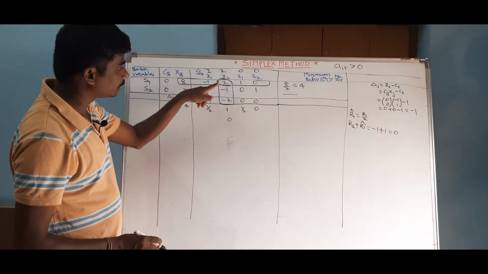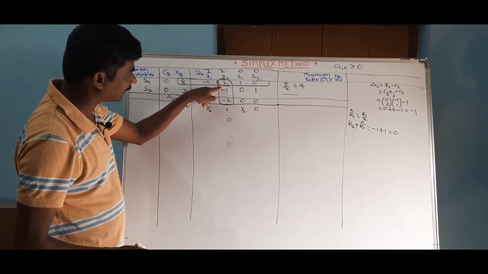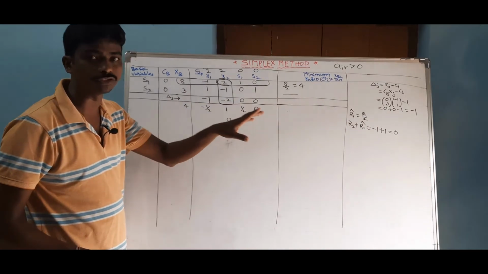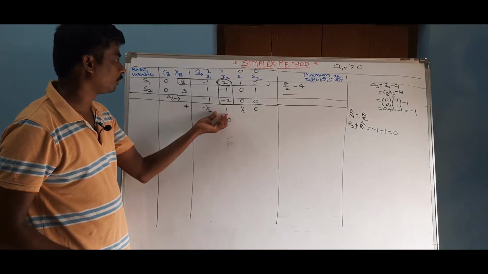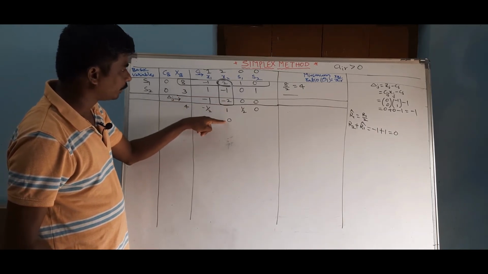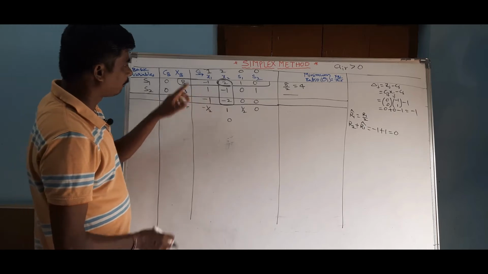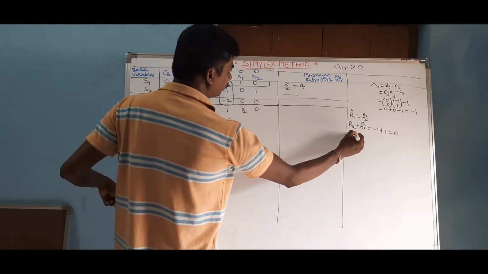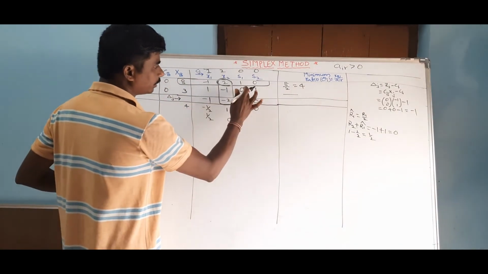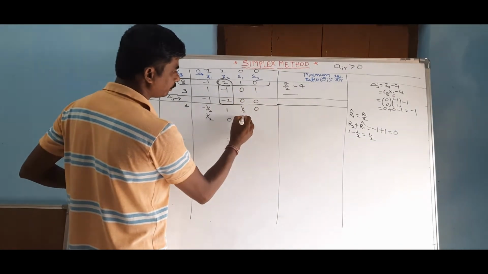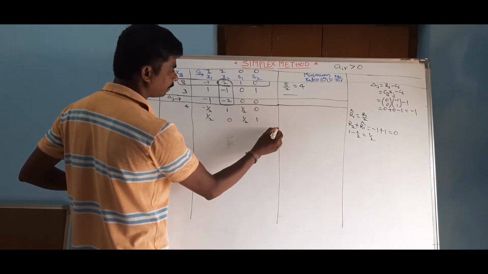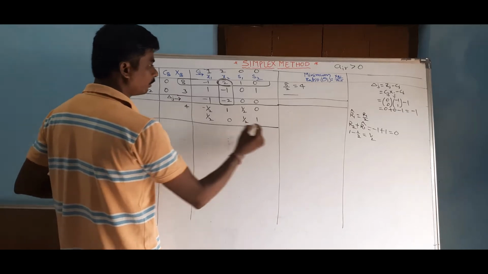Clearly this is the pivotal or key element. In the next iteration it is 1, and that column's other variables are 0, depending on the first row. Now 1 minus 1 by 2 equals 1 by 2. Now see here, 1 by 2, 0 plus 1 by 2, 1 plus 0, 1.